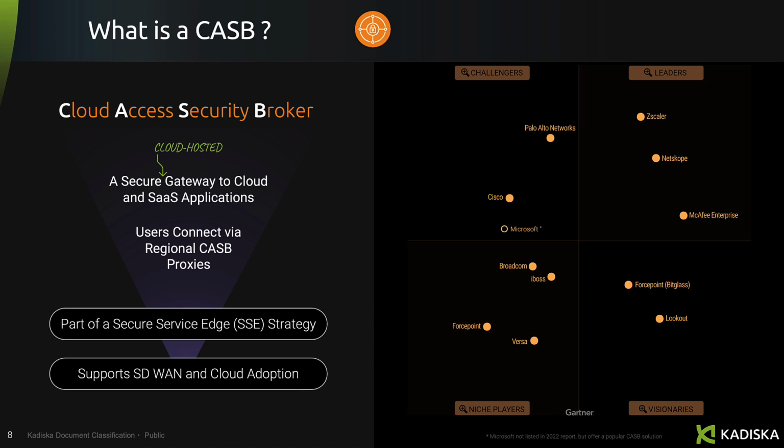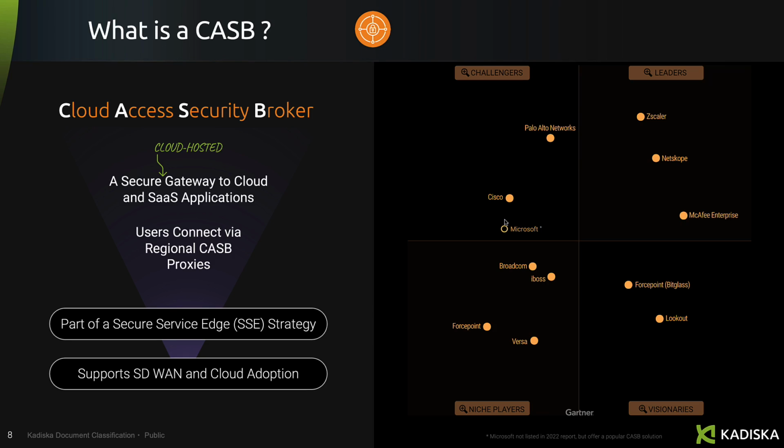So we'll take a look here at some of the leading vendors in the CASB and secure service edge space. Many of you are probably familiar with Zscaler and Netskope, which are the more predominant players both in market share and also in terms of technology coverage. But from a Kadiska perspective, we also see quite a few other players that are extremely popular with our customers globally.